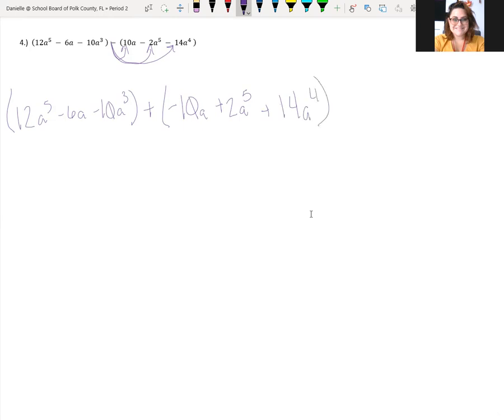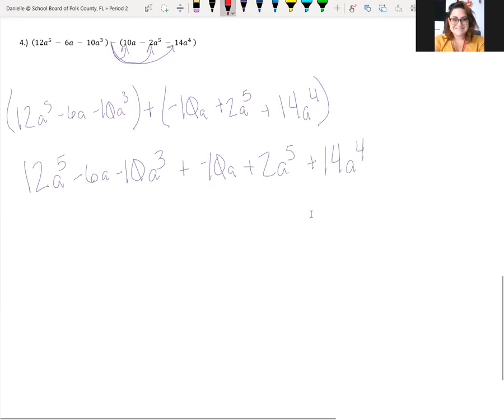Now, all I have to do is combine my like terms because again, I can get rid of those parentheses. Let's go ahead and rewrite it without the parentheses. And then let's find our like terms. I have 2a to the 5ths. So I would have 12 plus 2a to the 5th.